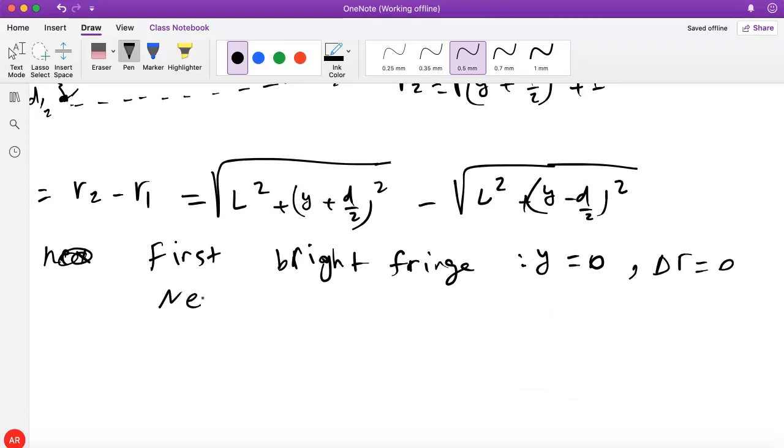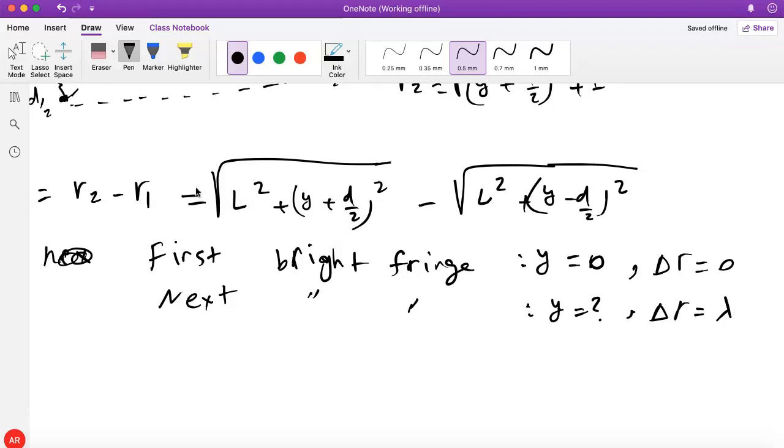The next one must have delta R equal to lambda, the first non-zero delta R that gives you constructive interference, and Y we don't know what it is. So we don't know Y, but we know that delta R must be lambda to get constructive interference.